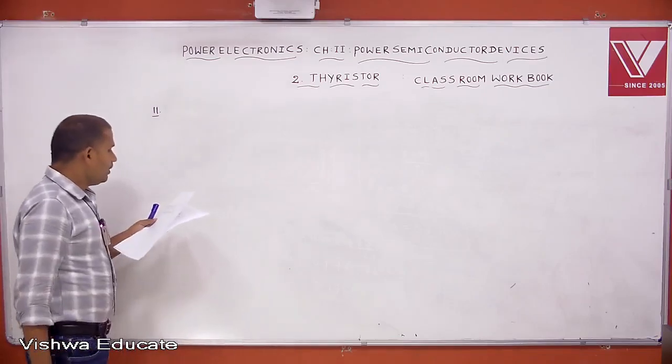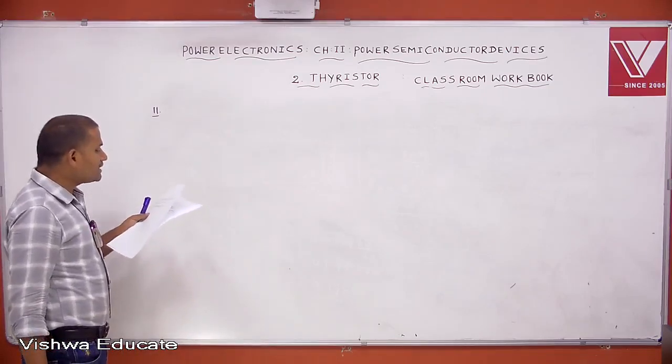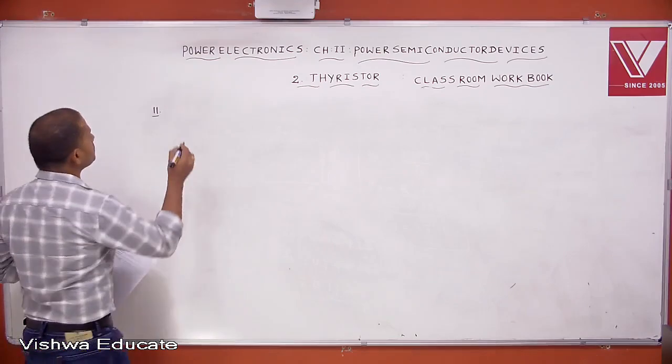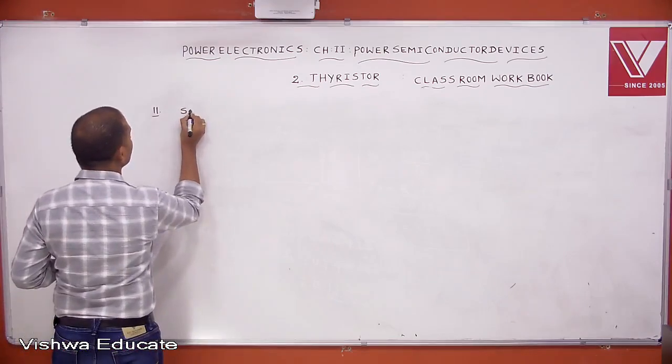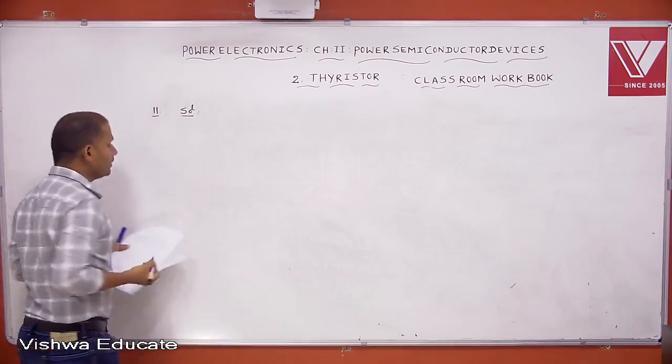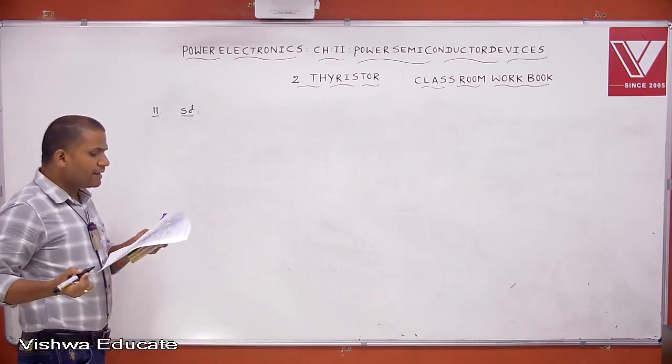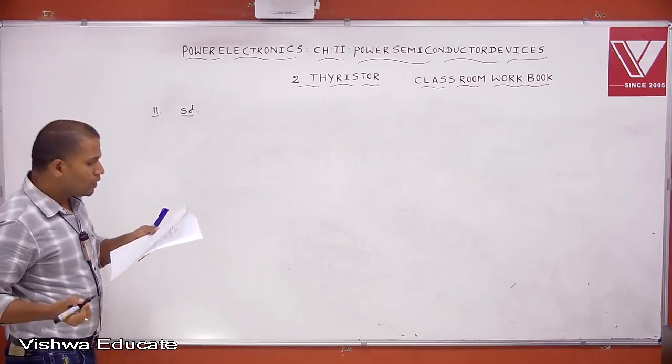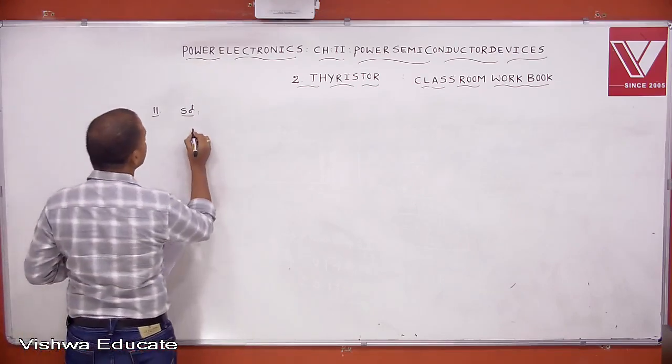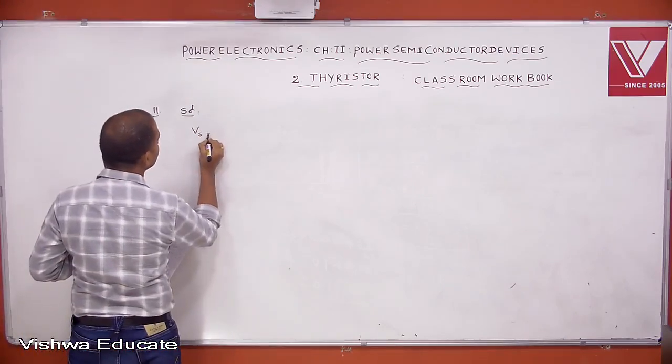The trigger circuit of a thyristor has a source voltage of 15 volts. Then what is the solution for this problem? What is Vs? It is given as 15 volts.